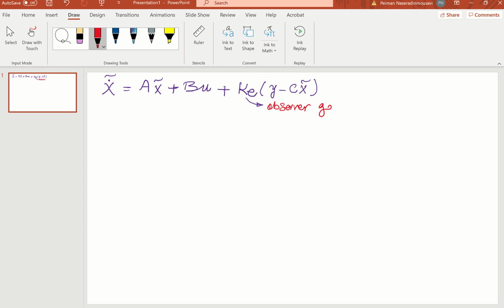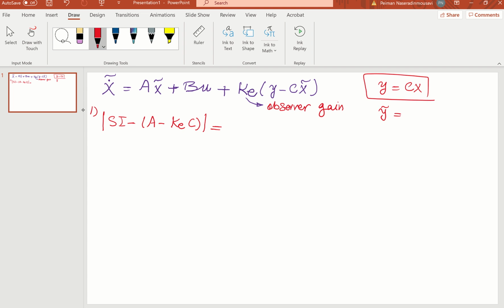This is the observer gain, and the first method we used to solve for it was det of (sI minus A plus KeC), remember, from the previous class, where y is equal to Cx and y hat, the estimate, is C x hat.